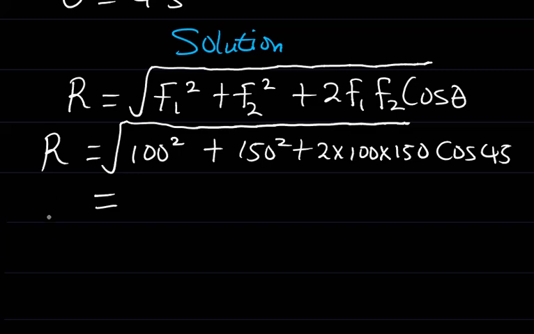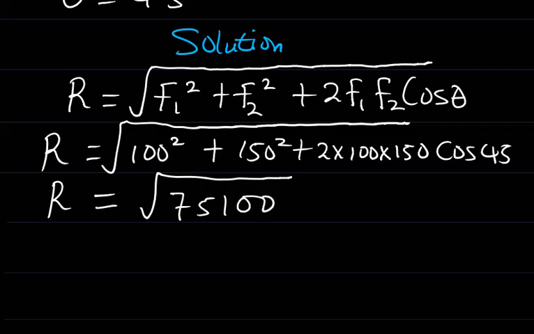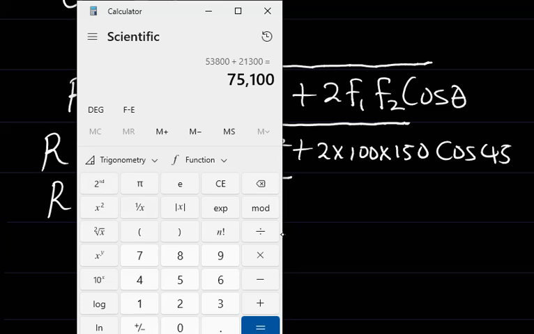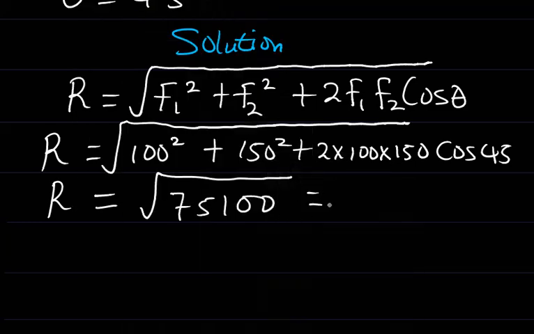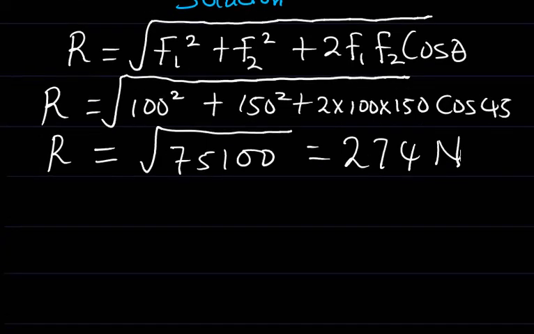So the resultant squared is 75,100, and I have to find the square root of that. Square root of 75,100 is 274 approximately. 274 Newton. That is the resultant in magnitude.